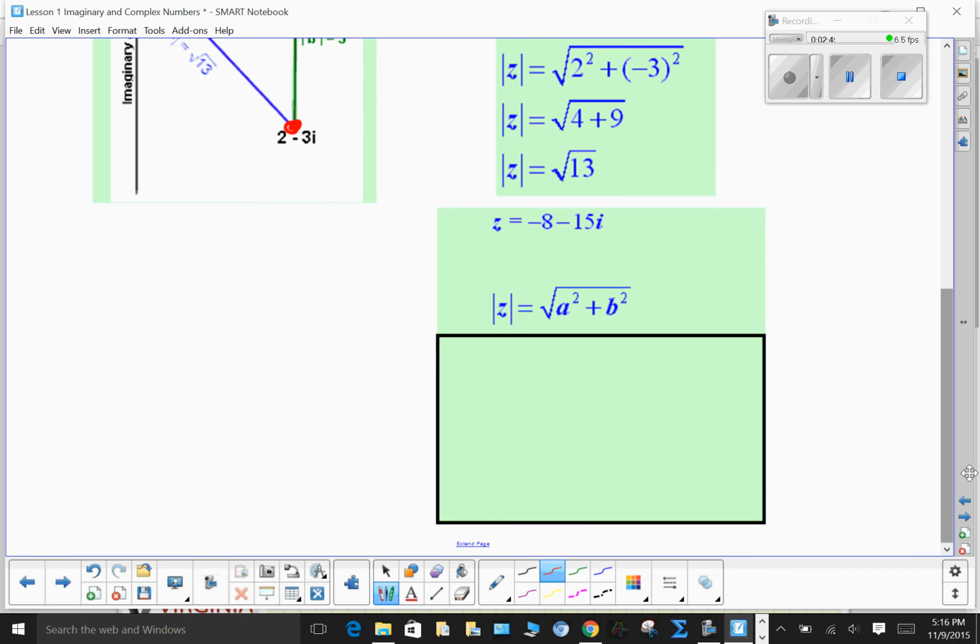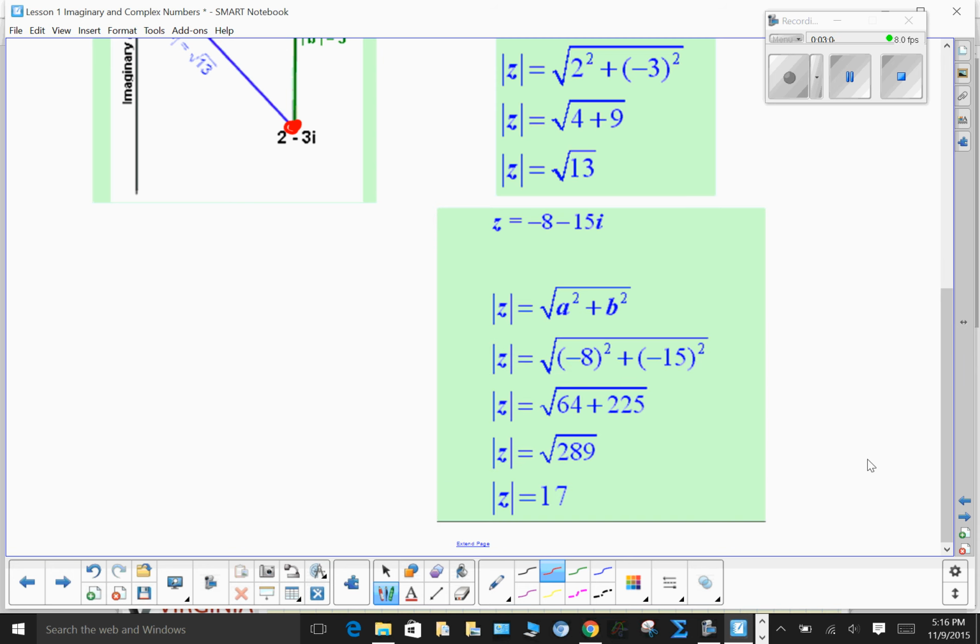Another one. Negative 8 minus 15i. Pause the video, try it. And now that you're back, let's take a look at it. And if you need to, remember that we would go out to negative 8, down here to negative 15.